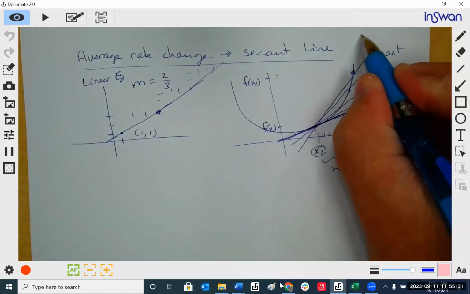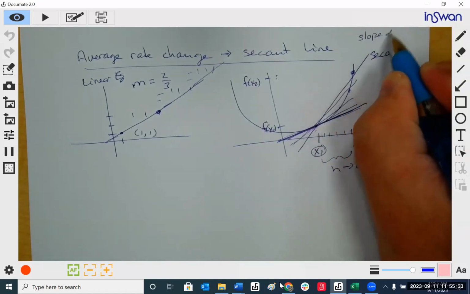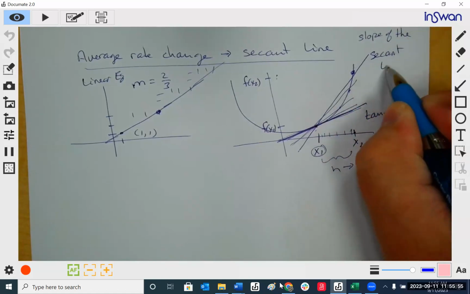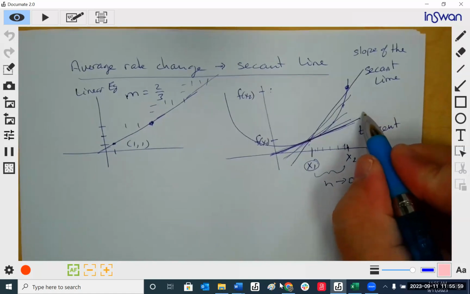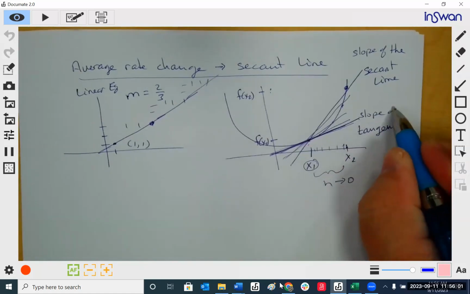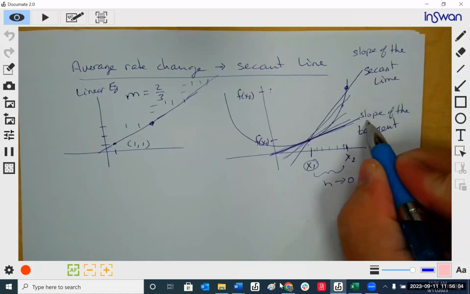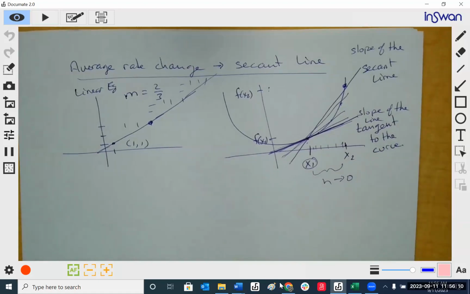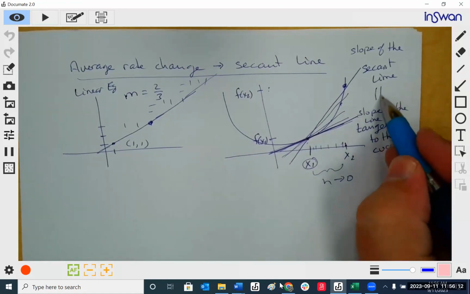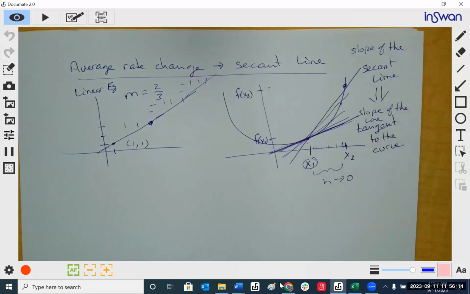That is our whole objective. We want to look for the slope of the secant line through 2 points on the curve. Our goal is getting the slope of the line tangent to the curve. That is our objective. We're going from here to there.